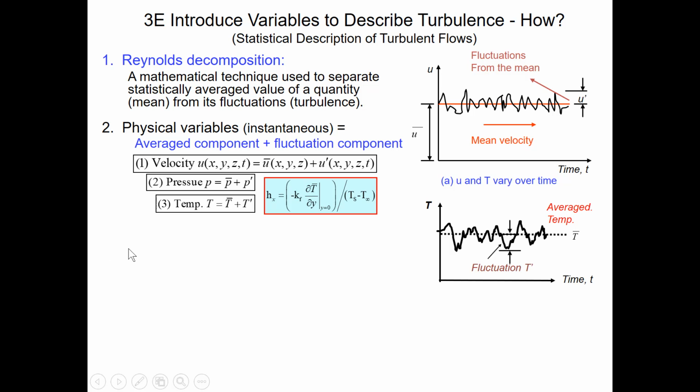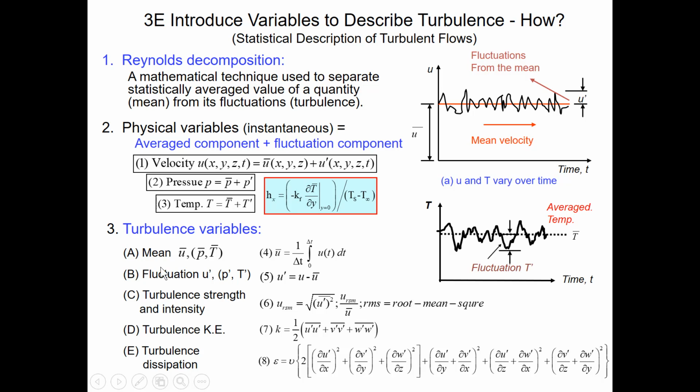Second, we can introduce more variables to define or describe turbulence. A, we already know the averaged mean variables. B, we already defined fluctuation variables.